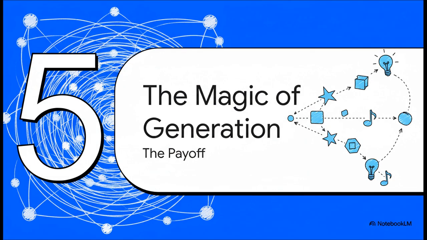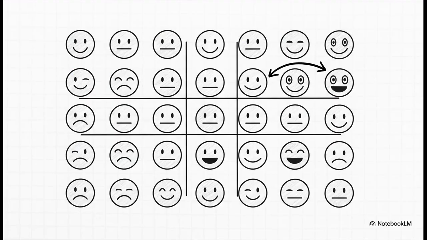So let's step back. We've gone through all this trouble. We've forced our network to do two things at once: perfectly reconstruct the data and organize all its internal codes into this smooth, predictable probabilistic map. So why? Why did we do all of that? Well, it's all for the payoff. And it is magical. The results of this two-part mission are just amazing.